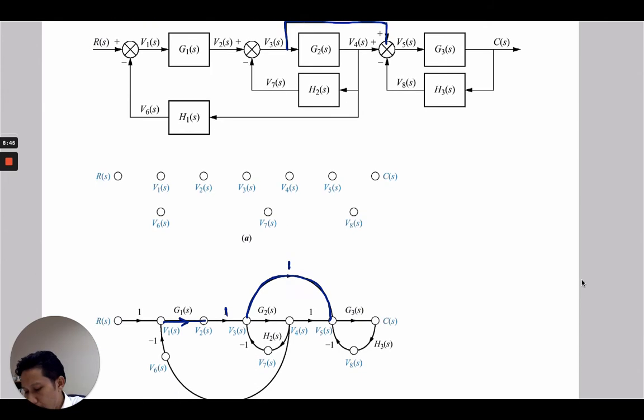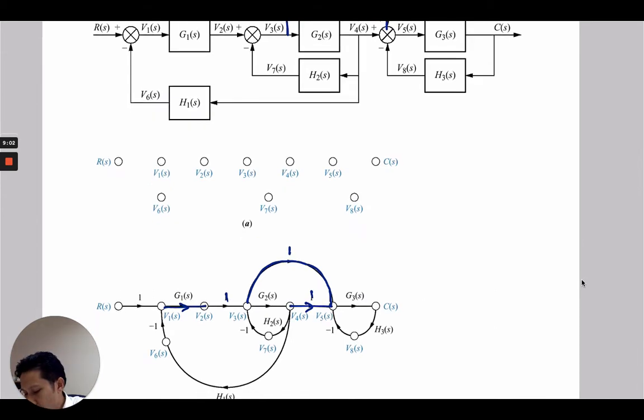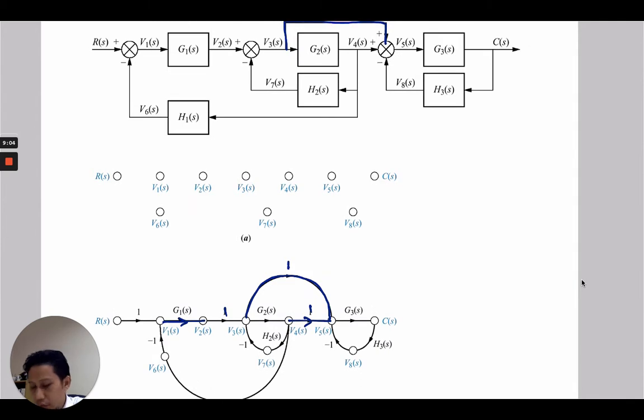And then V4 is connected to V5. Again, V4 to V5, there's no square box on the assignment junction, so we can connect these two nodes with 1.